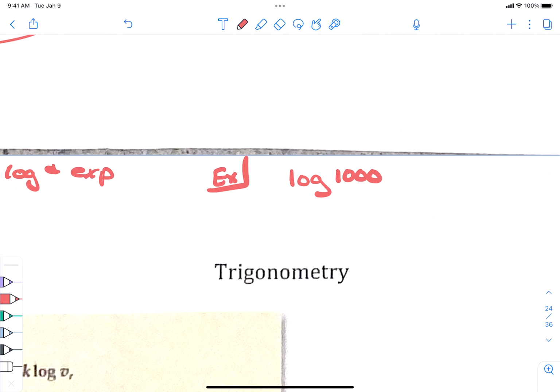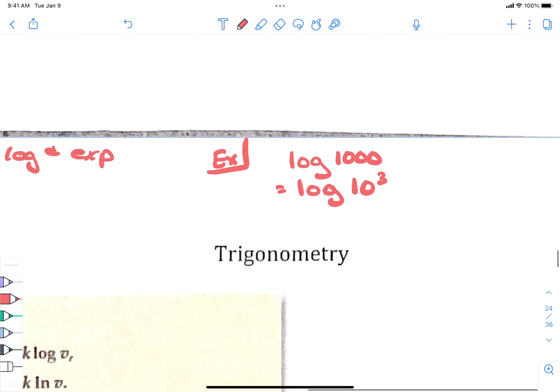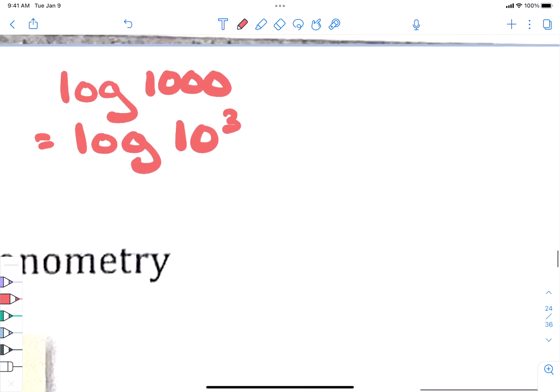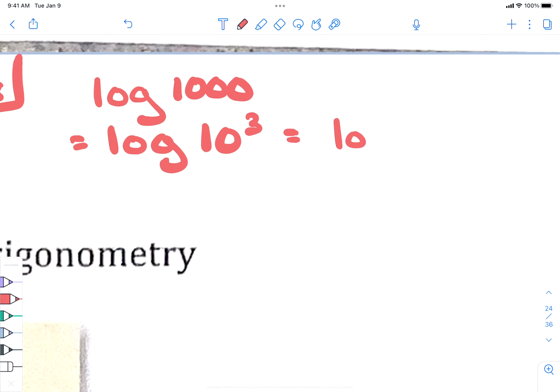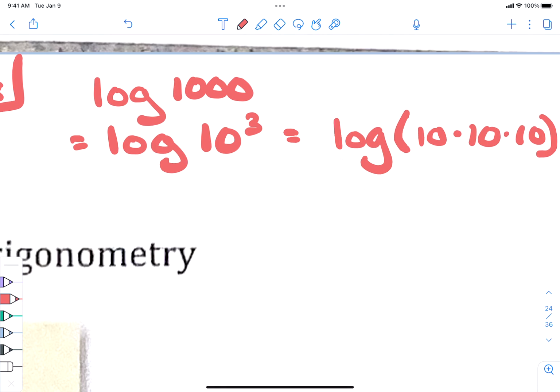This is equal to log of 10 to the 3rd power, which is the same thing as log of 10 times 10 times 10. That's what 10 to the 3rd power means, and that gets me to 1,000.